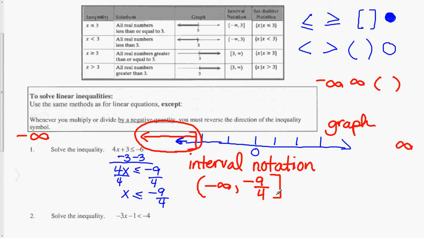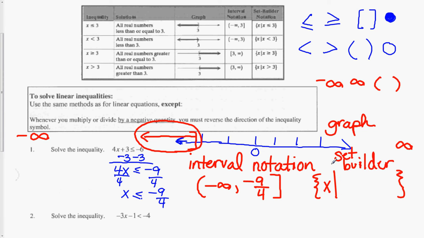The last way to write it is called set builder notation, and that's when we use these little brace things. This is set builder. Don't really use set builder a whole lot. You're going to see more having to write it in interval notation. But when we write set builder, we do x such that.